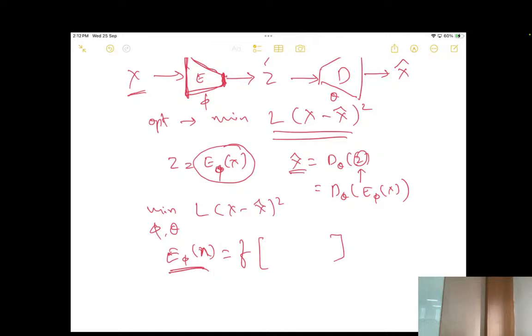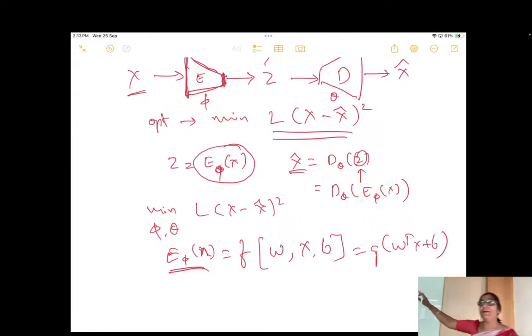W transpose x plus some constant. So what is this function? It's weights times input plus some biases. Usually you write G of W transpose X plus beta. Notation can be different.